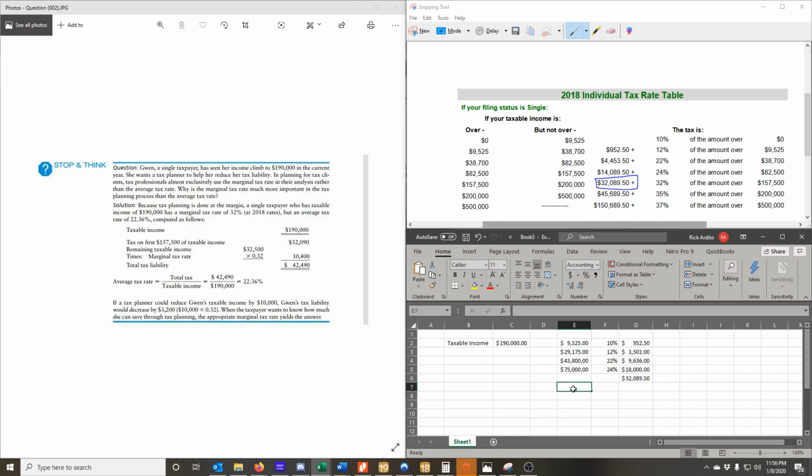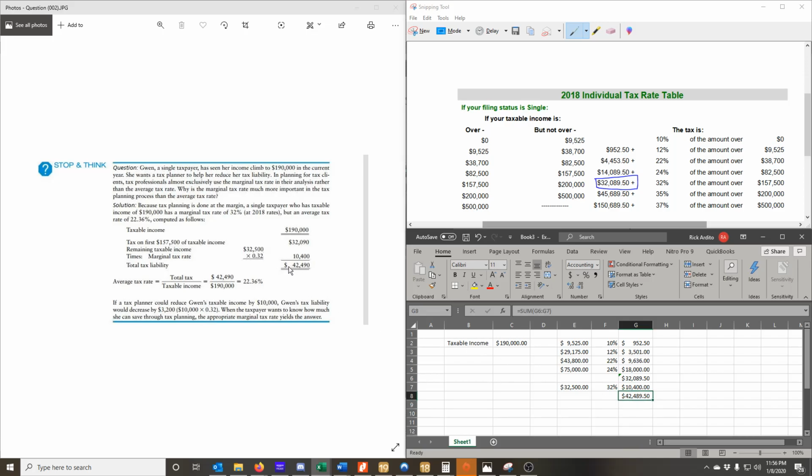Now all we have to do is go 190,000 minus the sum of these, which we know is 157,500, but we'll go ahead and keep our formula. Oops, now this is a 32% bracket, and that gives us the 10,400. So if we add this amount from before plus the 10,400, we get a total of 42,049 and 50 cents.